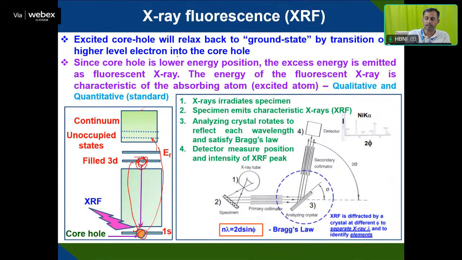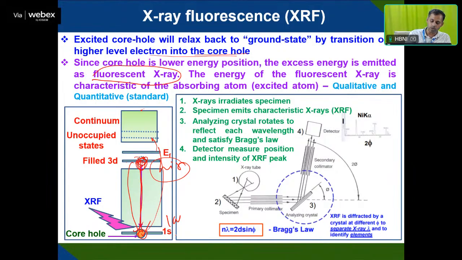Whatever the higher energy level electron that migrates to the core level, since the core level is a lower energy position, the excess energy, this is higher energy and this is low energy. Once this high energy electron comes here, it has some extra energy. That extra energy comes out as X-ray fluorescence. That means the core electron goes out, then the vacant site is created, and this vacant site is filled by the higher energy electron.